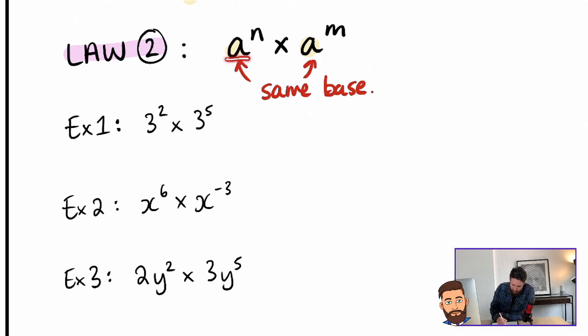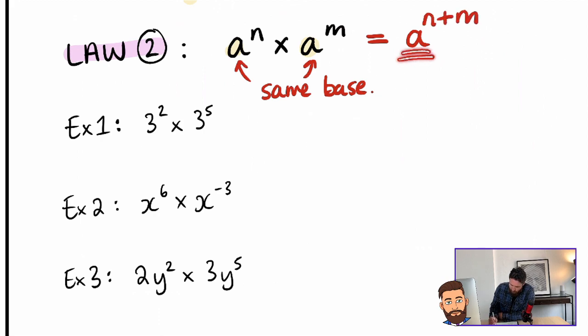So if you have the same base raised to a power and you are timesing it, so this is all about timesing the same base with different powers, there is a rule that says this: we can keep the base the same and you simply add the powers.